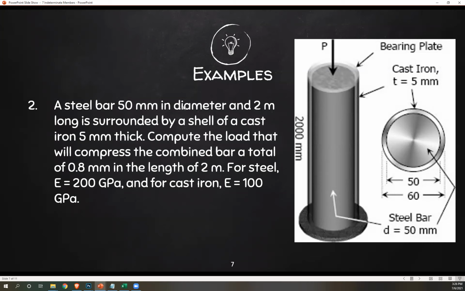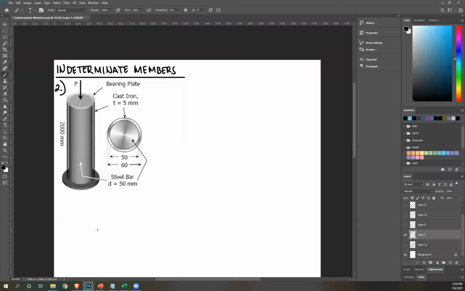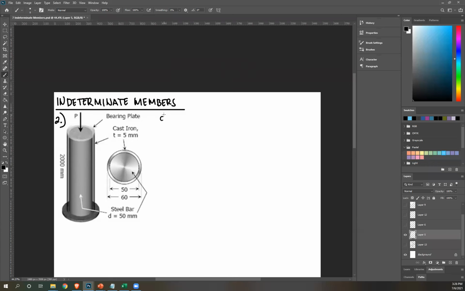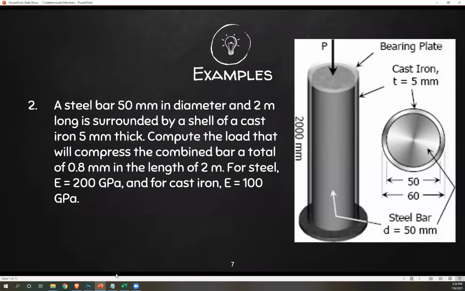So steel bar 50 millimeters in diameter. Let's call that DST. Next, 2 meters long.